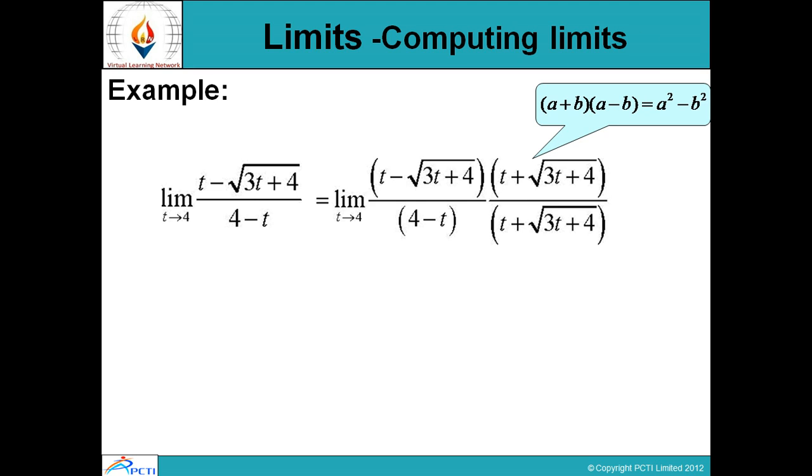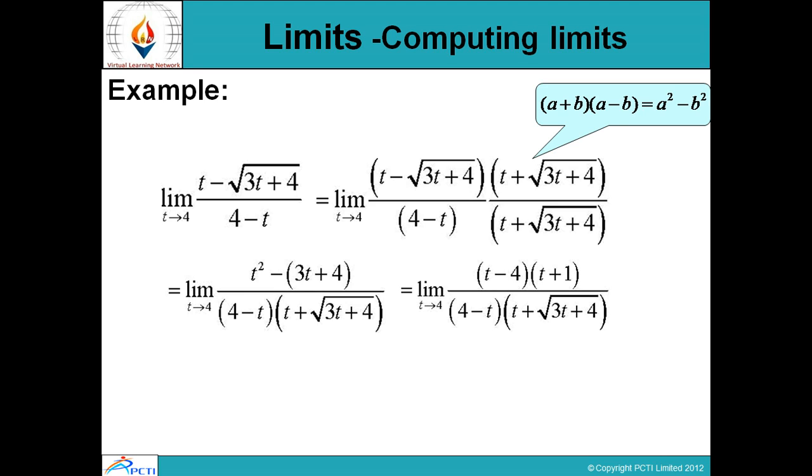By using the formula a² − b², that is (a + b)(a − b), it is equal to (t² − (3t + 4))/((4 − t)(t + √(3t + 4))).